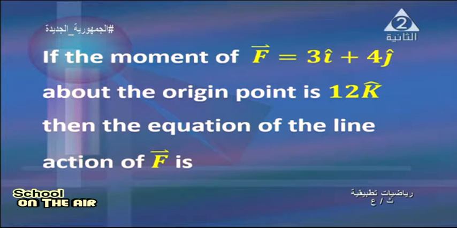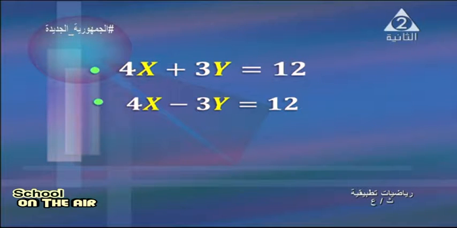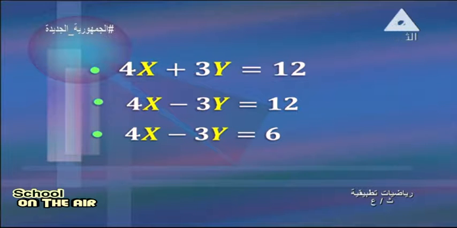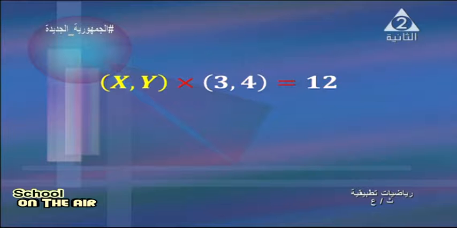The options are: 4x plus 3y equals 12; 4x minus 3y equals 12; 4x minus 3y equals 6; 4x minus 3y equals 0. Choose the correct answer. Look at, my dear student, at first we suppose R equals (x, y).